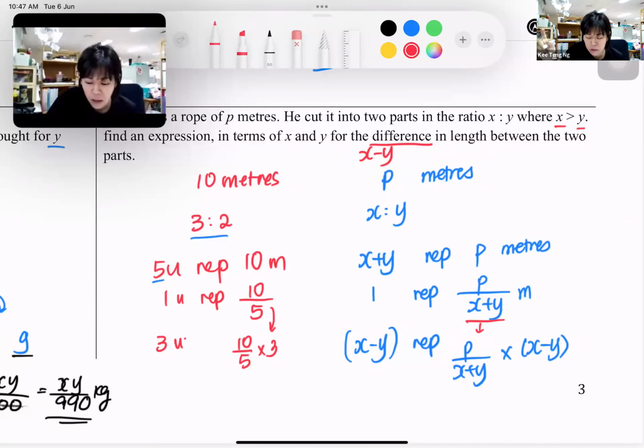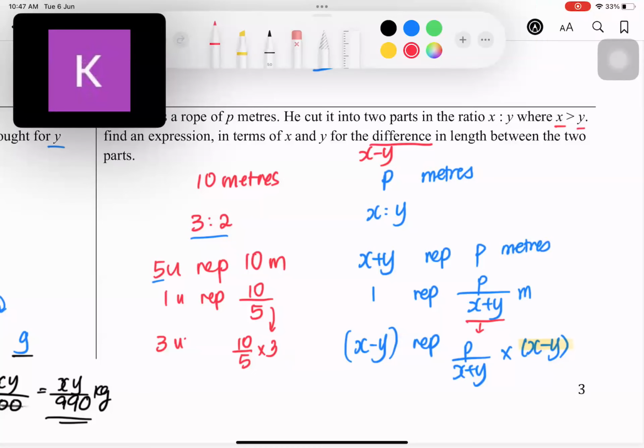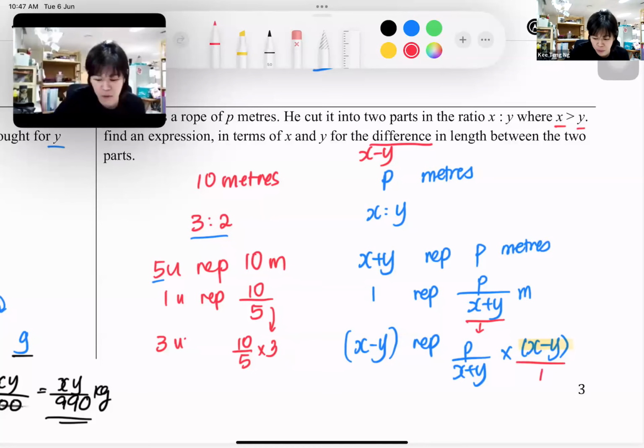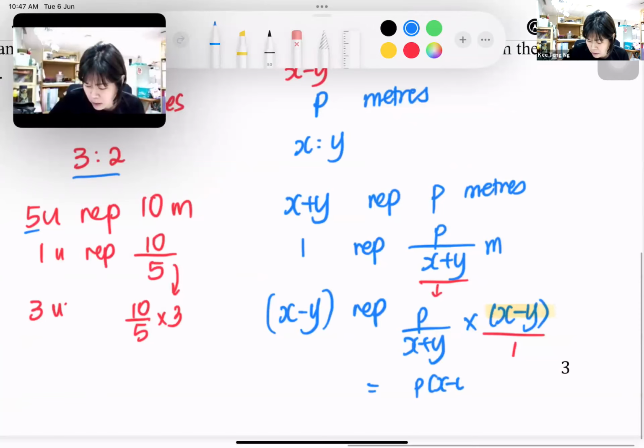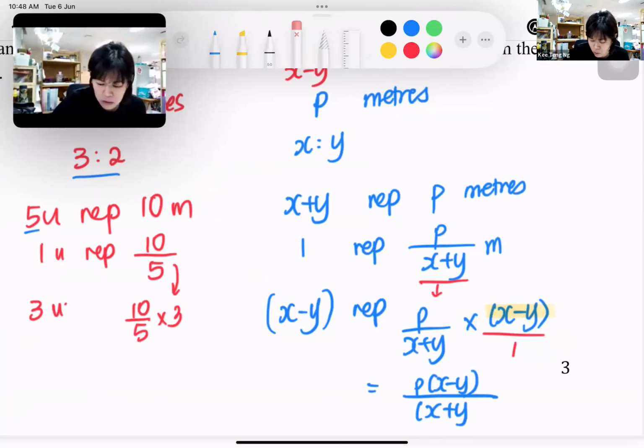Very good. But now is this X minus Y in the numerator or denominator? Numerator. So I will write this expression as P bracket X minus Y over X plus Y. The denominator, you can add a bracket also.